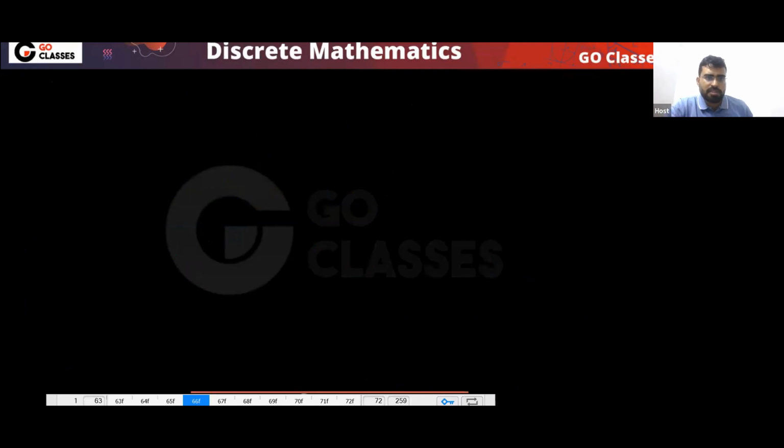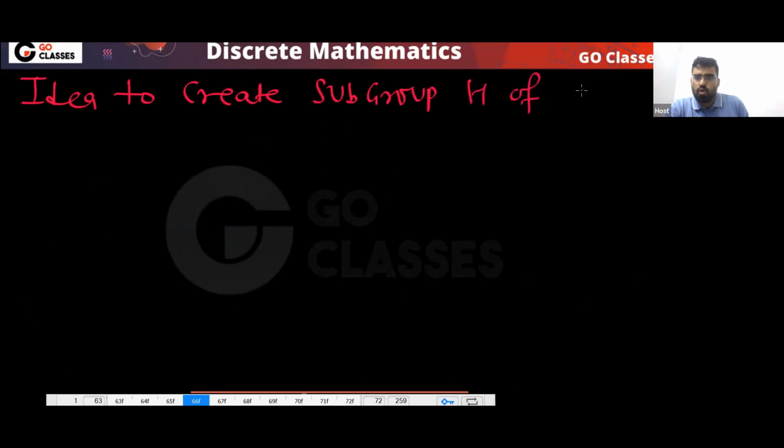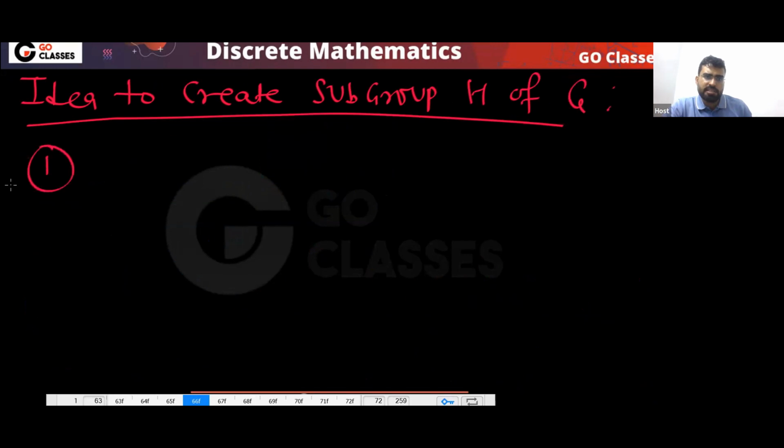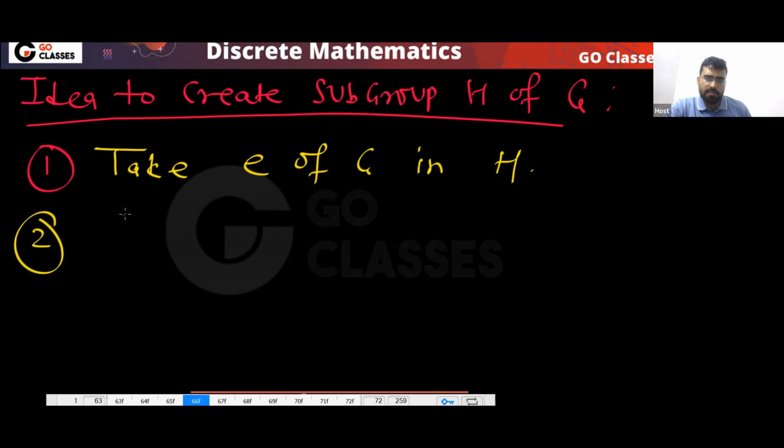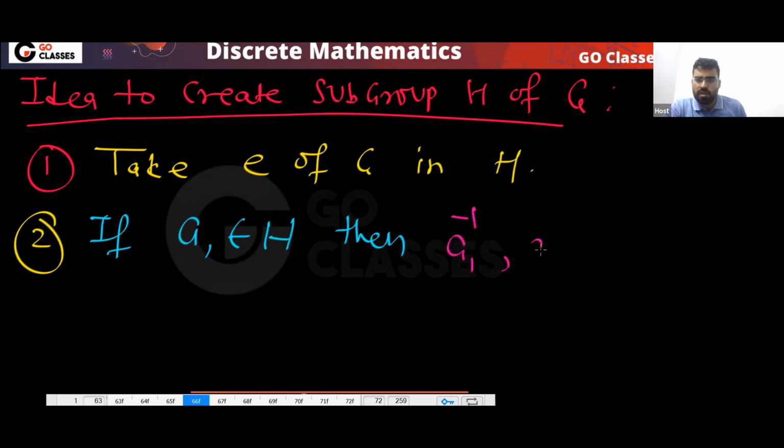Remember, this is the idea to create a subgroup H of G. The first idea is to directly take the identity element of G in H. The second idea: if you take A1 in H, then A1 inverse also should come, A1 square also should come, A1 cube also should come, A1 power 4 also should come, all these things should be taken.